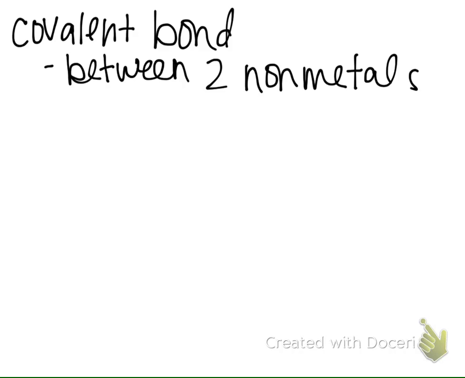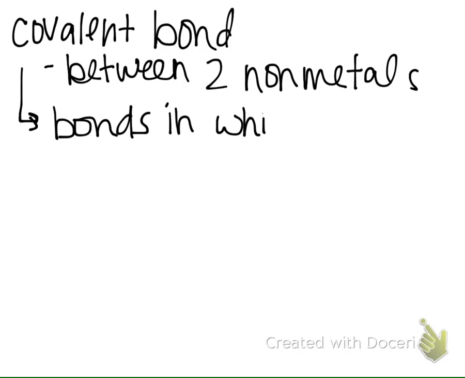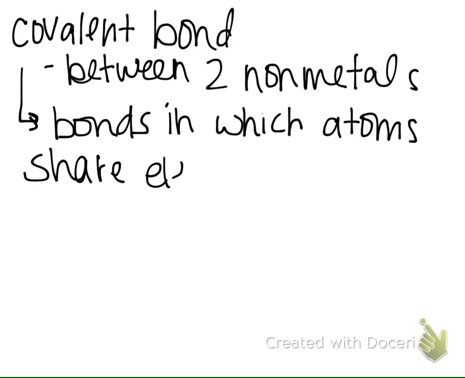What's distinct about covalent bonds is that these are bonds in which atoms share electrons. Instead of one atom completely giving up their electrons to another, they share them. They get to split them between the two.